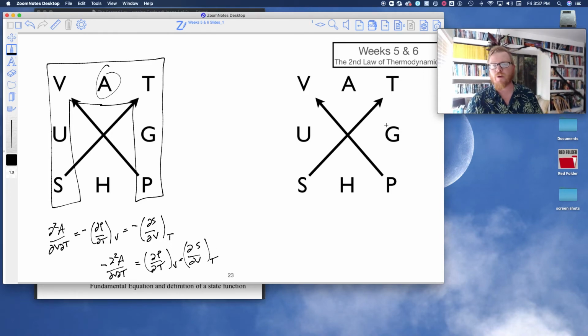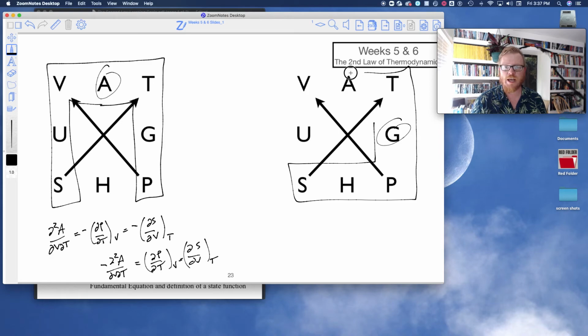Okay? And then finally for Gibbs free energy, G, we're going to draw our little horseshoe, rotate it around for G. I can see G is sandwiched between T and P. Let's do that again so it looks better.